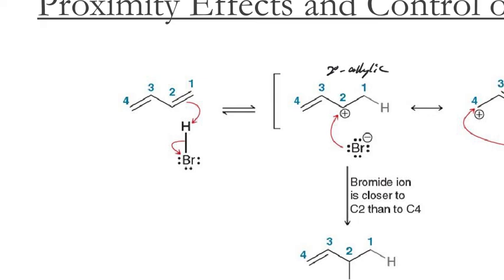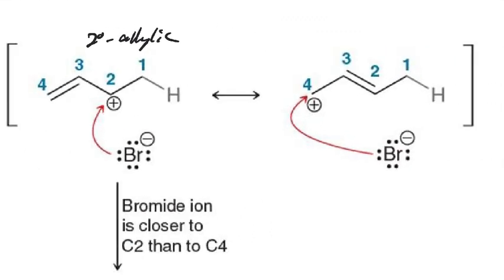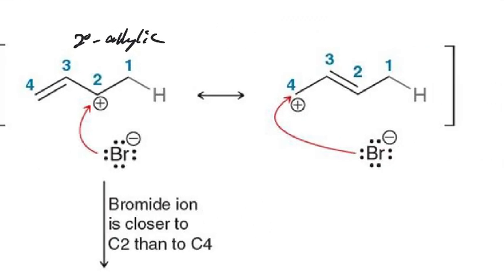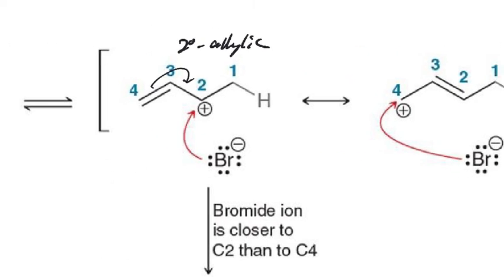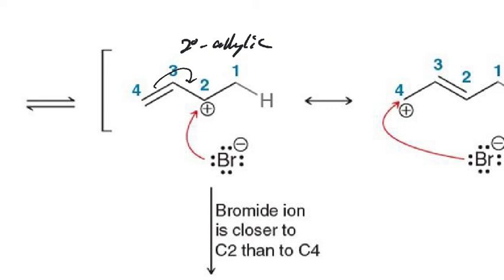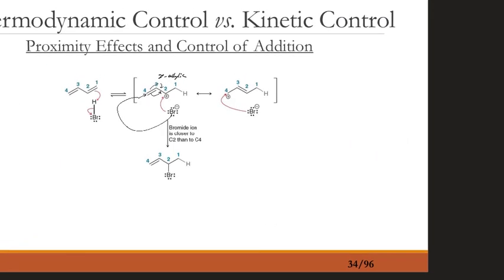And so under kinetic conditions, cold conditions, because the bromide is already right there, the attack will happen much more quickly than if you wait for resonance to make this resonance form for the bromide to attack way over there. Or since maybe resonance isn't really happening, maybe instead the bromide just has to move all the way over here just to be able to attack that position to move the electrons over to create the 1,4 adduct.